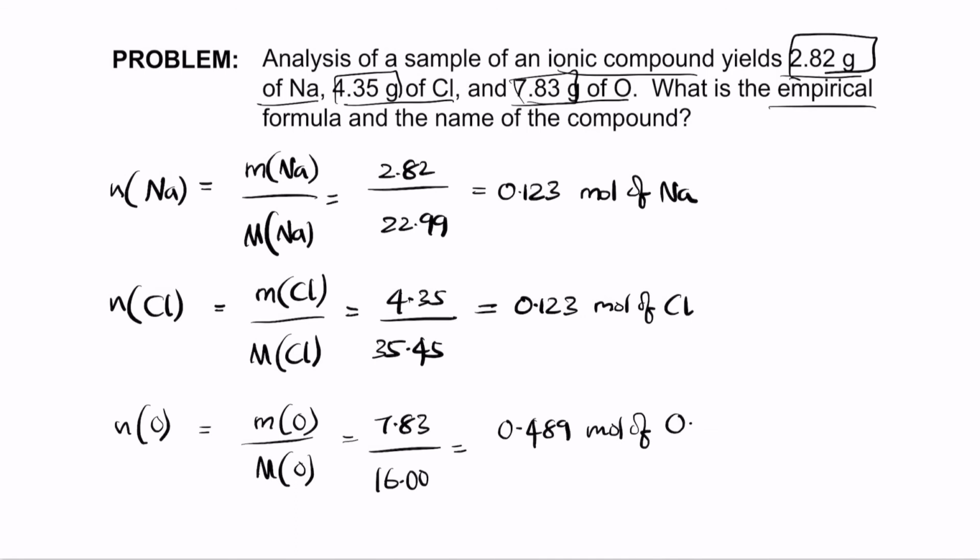Now what do you do in the next step? Write down the element and the number of moles in the subscript. So sodium 0.123, chlorine 0.123, oxygen 0.489. In the next step, divide with the smallest one.